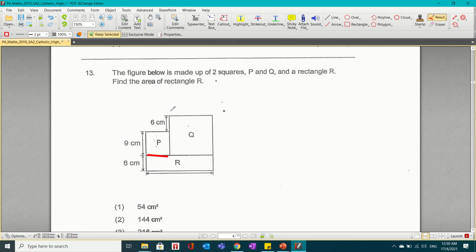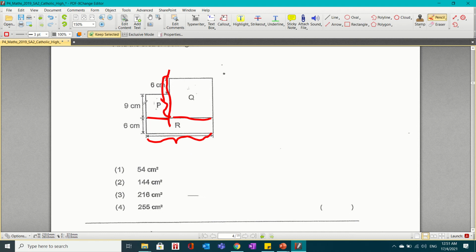And then for Q, if you look at this specific length, it's 9 plus 6, so that's 15. So this length should also be 15. So the length of R itself should be 15 plus 9, and then eventually you have to multiply to get the answer.